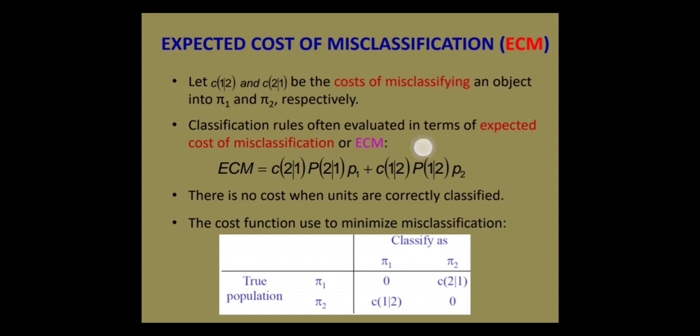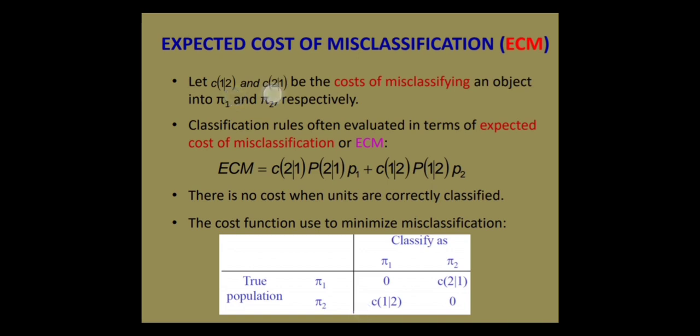So untuk cost of misclassification, the notation will be C1 given 2 and C2 given 1, the cost of misclassifying an object into pi 1 or pi 2, first population or second population. So C12 means the cost of misclassifying an object into the first population, but actually it is from the second population.